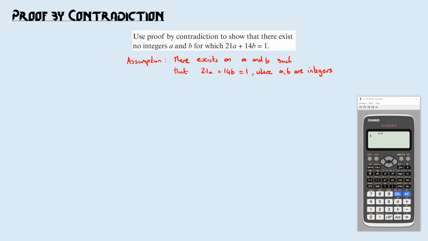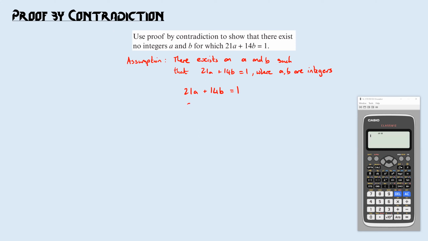I don't think that is true, because if you take an integer such as 2 and add it to 3, you get another integer. So an integer plus another integer must equal an integer, and it's this idea that hopefully we can use to contradict the statement. We start with 21a plus 14b, and that gives us 1. 21 and 14 both have 7 as a common factor, so I'm going to divide everything by 7.